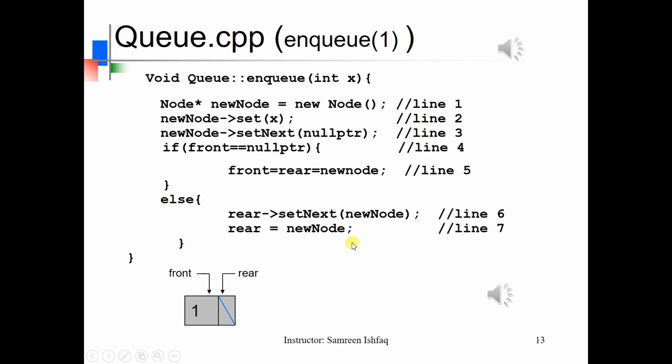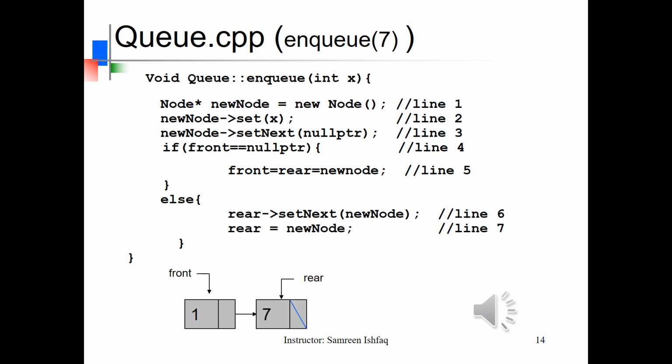We will pass the address of new node, and rear is equal to new node. The rear pointer is set to point to the newly created node that is 7. After enqueuing 7, 7 will become the rear of your queue and 1 is the front of your queue. You can add as many elements as you want in your queue at the rear end.